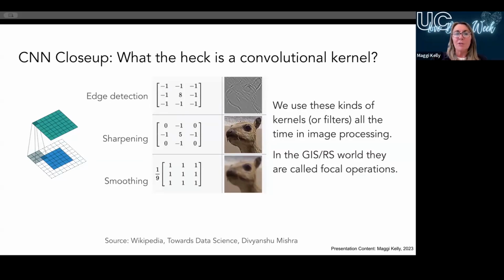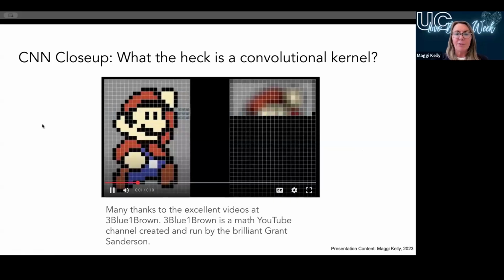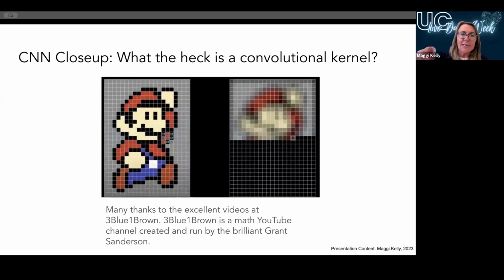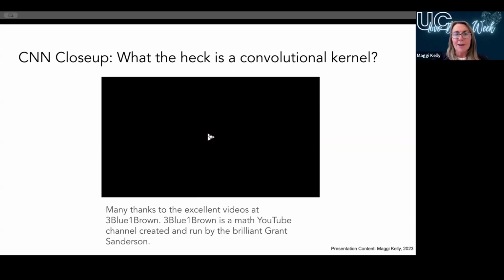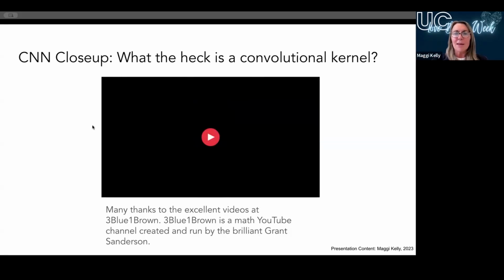The smoothing filter, for example, smooths out all of the detail. The sharpening filter makes the detail sharper. The edge detection finds the edges, etc. So these convolutional neural nets are really similar. I just took a snapshot from this great website, 3Blue1Brown. The idea is that this kernel is moving through your image and coming up with some kind of output. That's all this is. It's just a little 3x3 or 5x5 or some size filter moving through your imagery and doing some mathematical function.